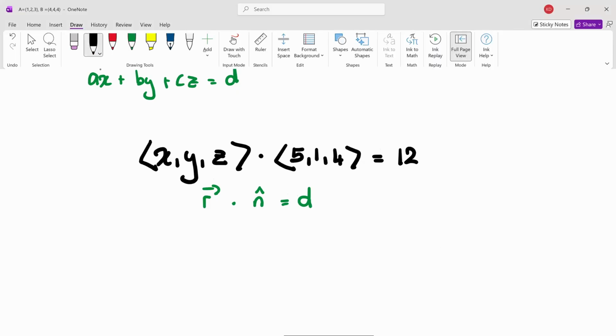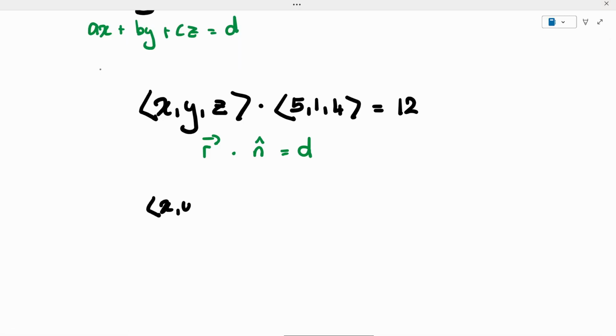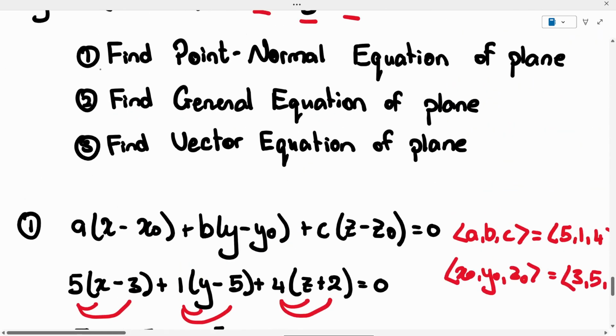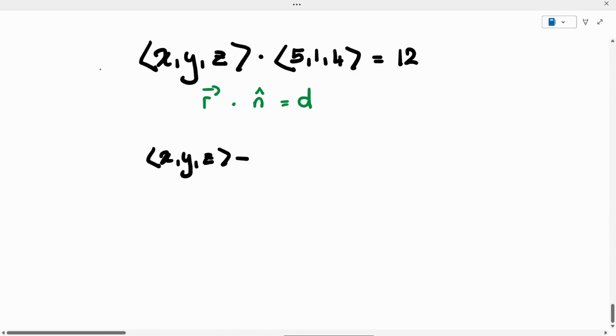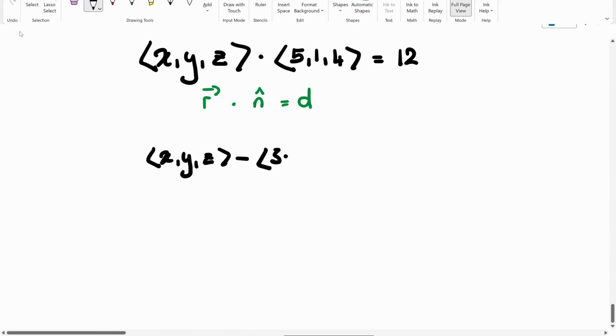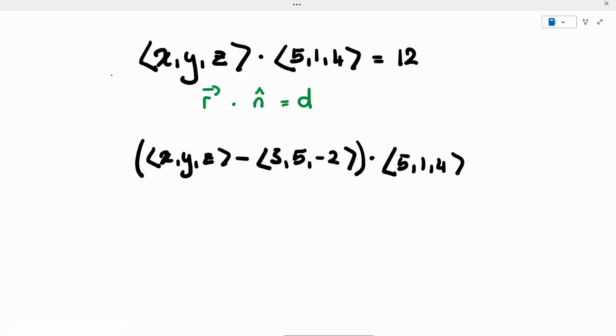We could also write (x, y, z) minus (3, 5, minus 2) dot N, which is (5, 1, 4), equals 0.